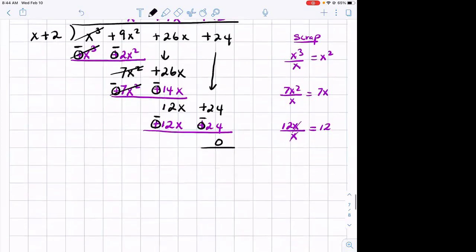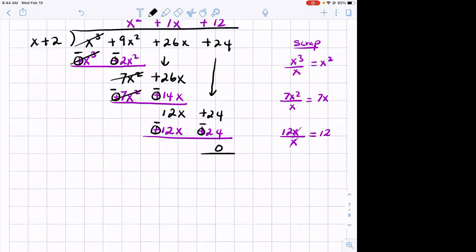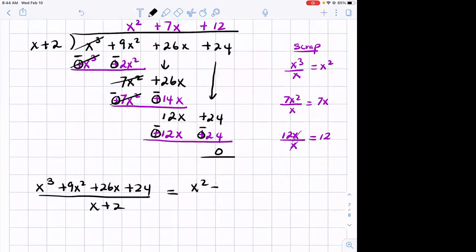Okay, so what do we have? It's telling me that x cubed plus 9x squared plus 26x plus 24 divided by x plus 2 is equal to x squared plus 7x plus 12.